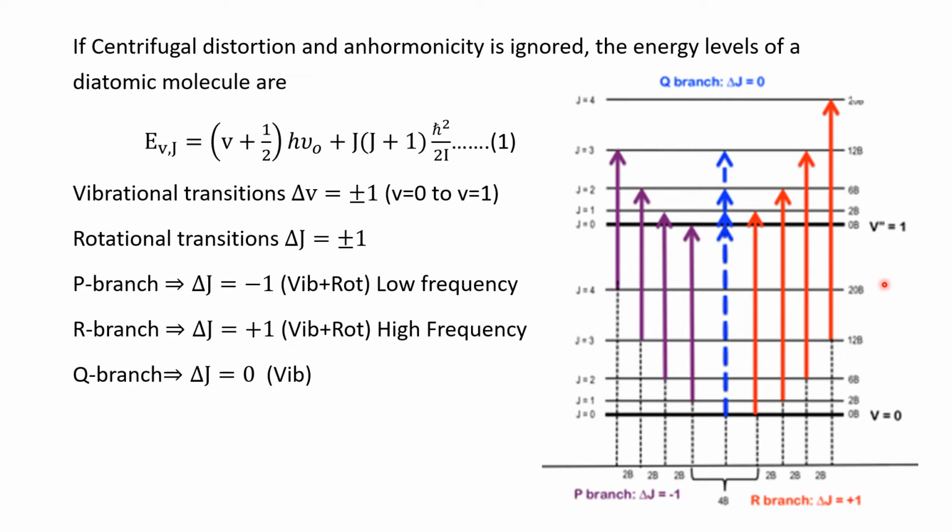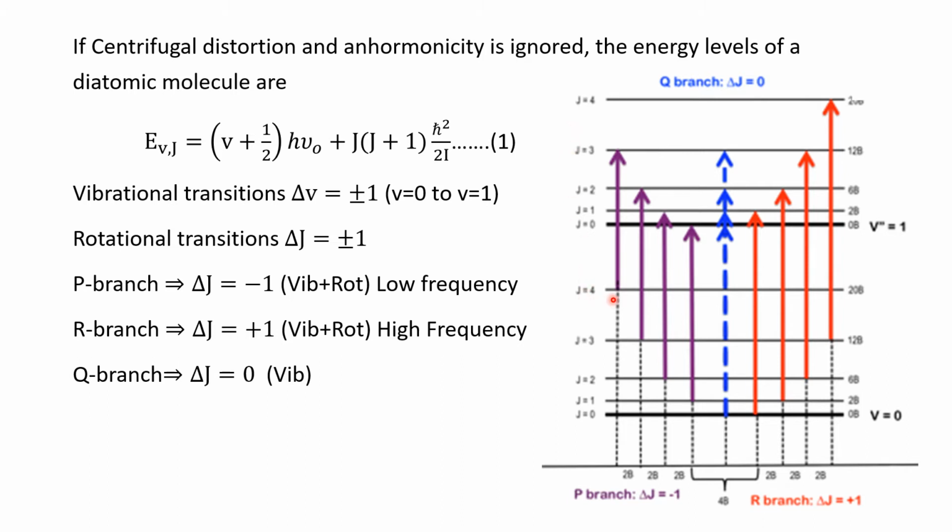For the vibrational transition, we have a transition from v = 0 to v = 1. In this v = 0, we have different rotational energy levels, for example j = 0, j = 1 up to j = 4. Similarly, the v = 1 vibrational level also consists of energy states associated with the rotational motion, j = 0 to j = 4.